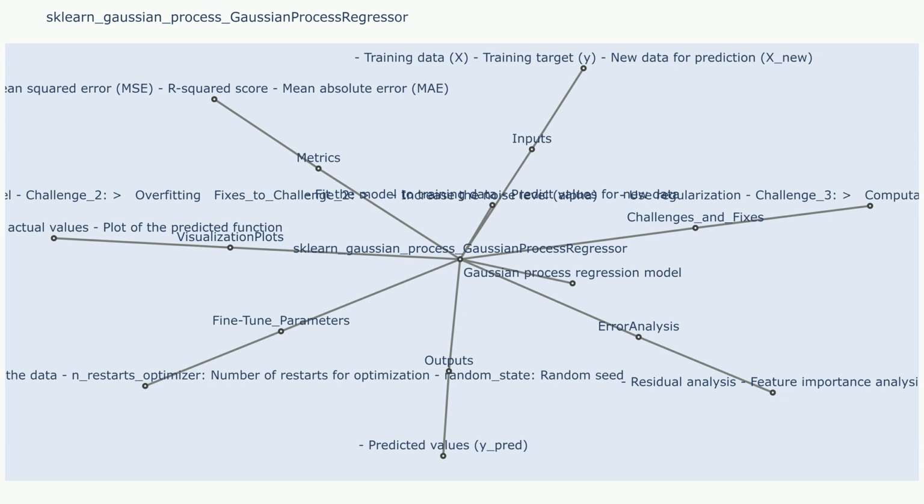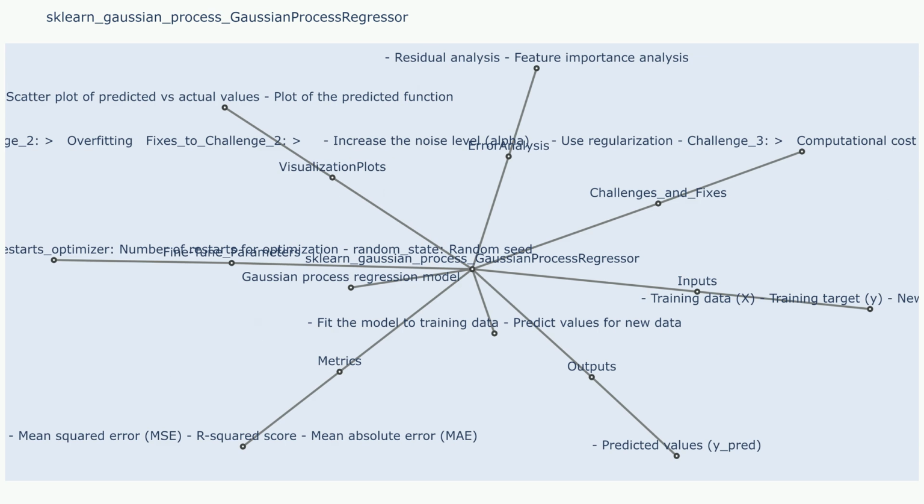Inputs. X. This is your training data, consisting of a 2D array where each row represents a data point, and each column represents a feature. Y. This is your target variable, a 1D array containing the corresponding values for each data point in X. Outputs. YPRED.